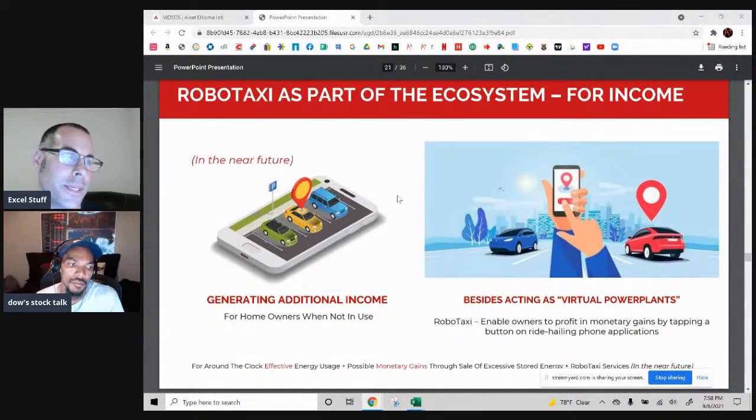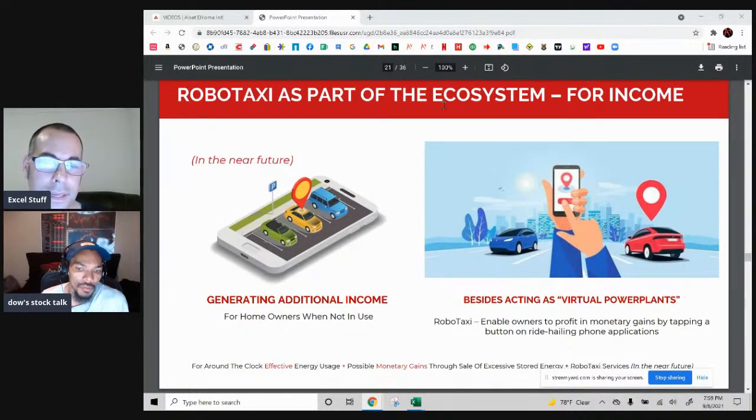And the reason he's using Tesla as the car is because Tesla is supposed to have a robo-taxi service in the near future. So if you're home for the whole day and you're not using your car, you can just hit the button and your car could go out by itself and pick people up as a taxi, and you can make money on your Tesla.